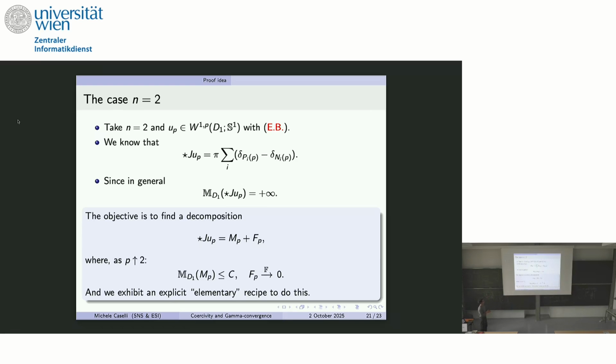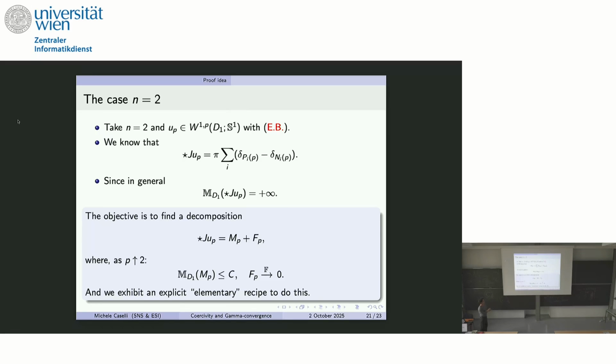And you have to split this into two families, which they call the mass part and the flat part, such that as p tends to 2, with the energy bound, the mass part is uniformly bounded, so a bunch of the points are bounded in number, okay, up to throwing away a tail that converges flat to 0. Okay. So if I can do this, then the compactness and integrality of the limit, everything else was known.